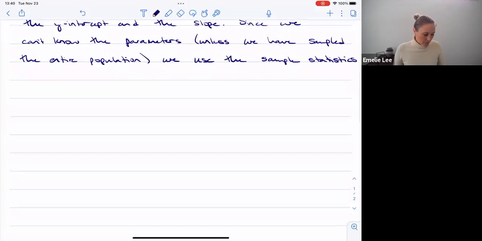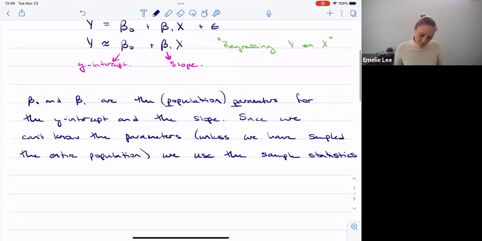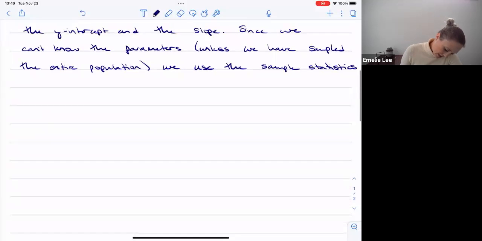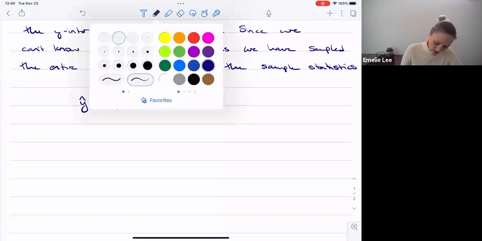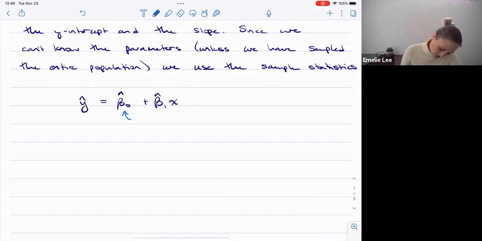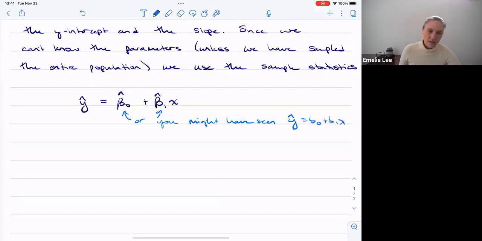So what we'd have is Y hat equals beta naught hat plus beta 1 hat times X. You might have seen Y hat equals B0 plus B1X.